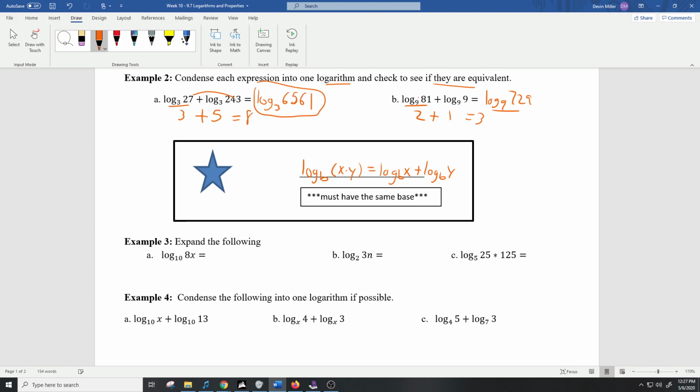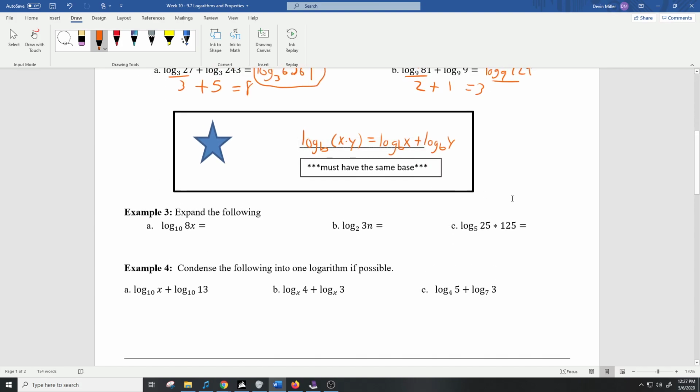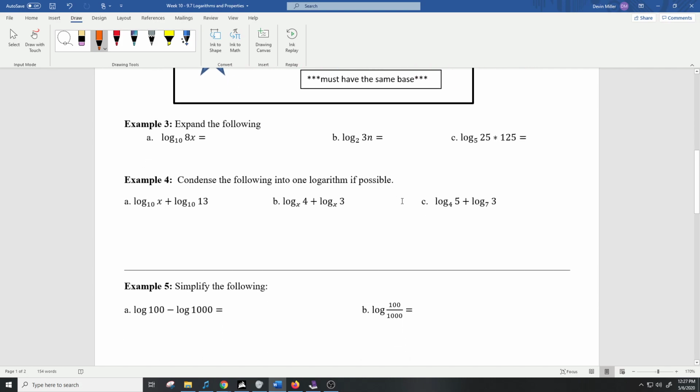So they keep the same base, and you can separate the two numbers. So we kind of practice both. We can go from multiplying them together and separating them, or we can have them separate and go back together into one. We're going to practice both of these things in the next two examples.